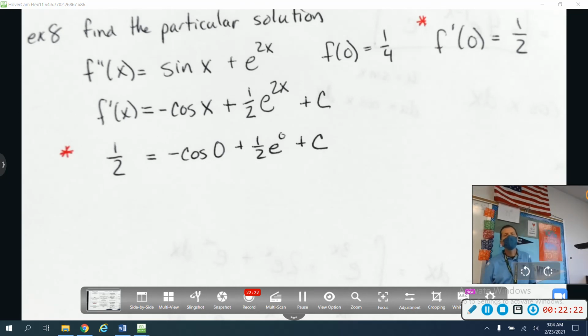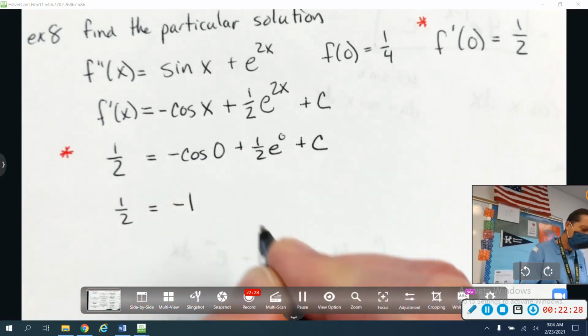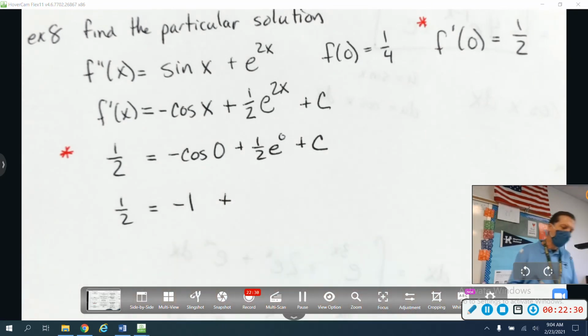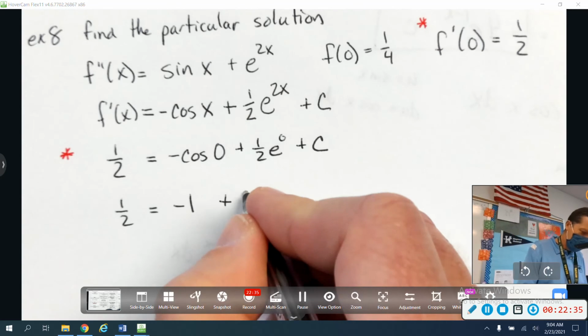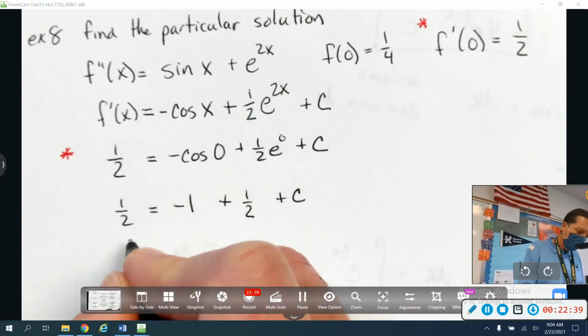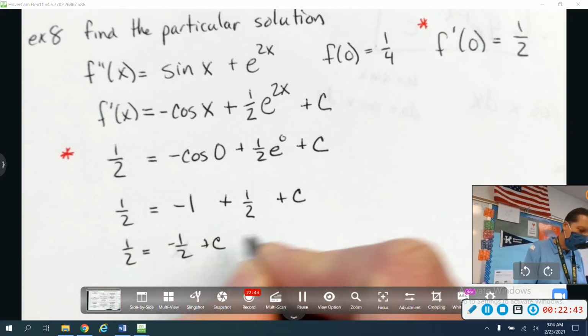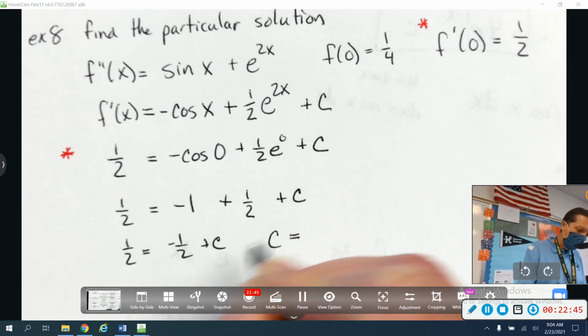The cosine of 0 is not 0, it's 1. E to the 0 is 1. So let's see, 1/2 equals negative 1 plus 1/2 plus c. So that means c is equal to 1.